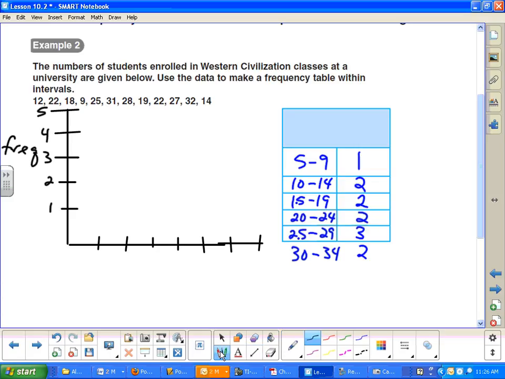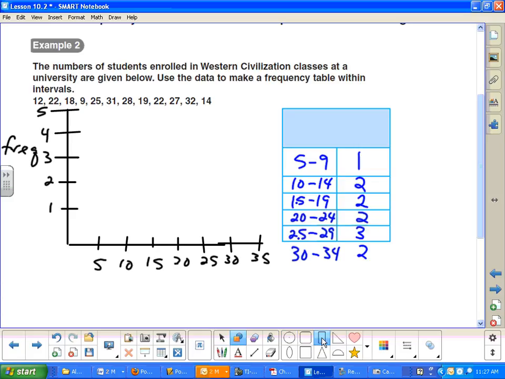So when I number this, I'm going to start with 5, 10, 15, 20, 25, 30, and 35. So my starting values here are going to be the starting values of my intervals. And then we make a histogram.